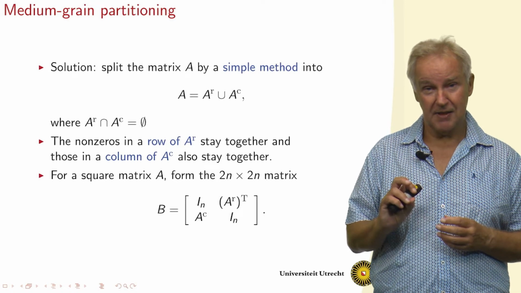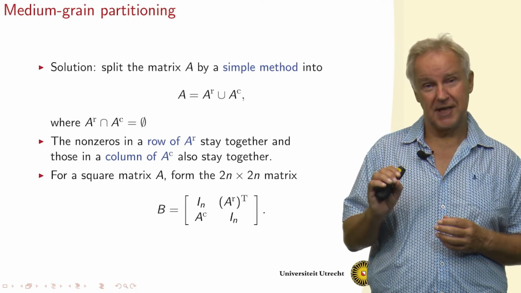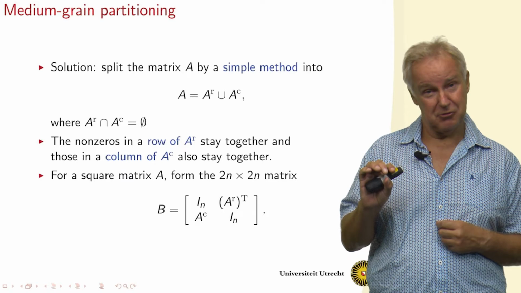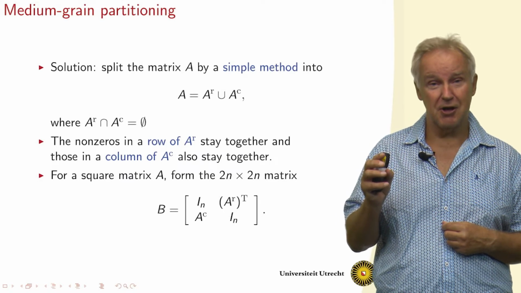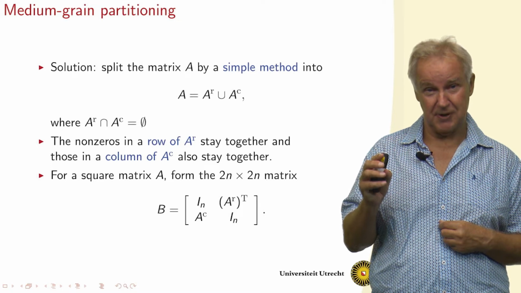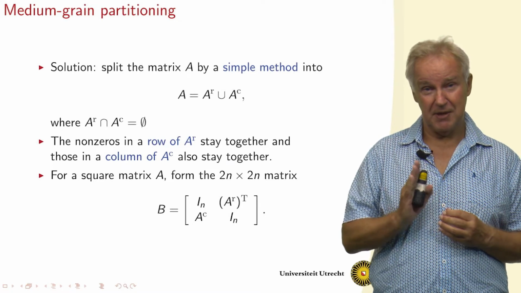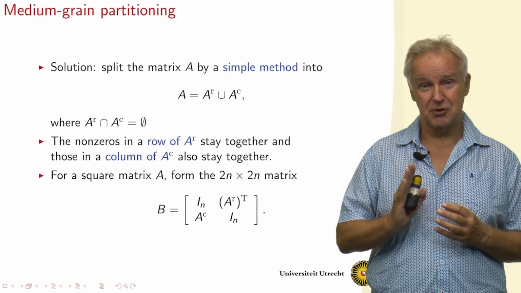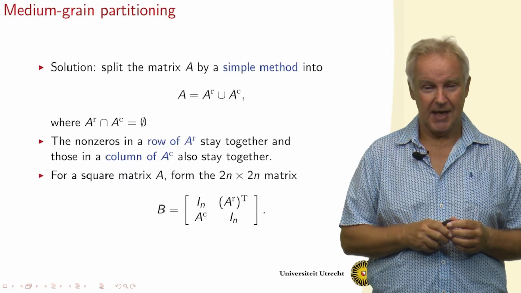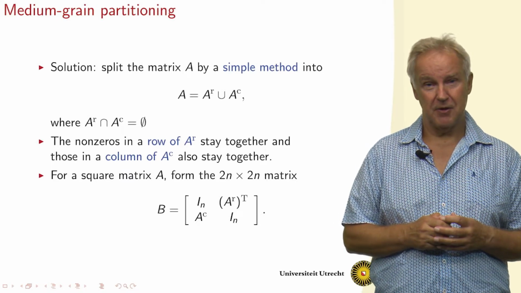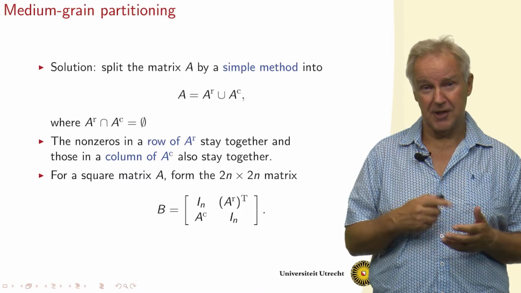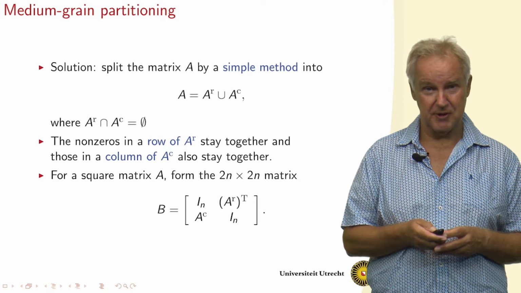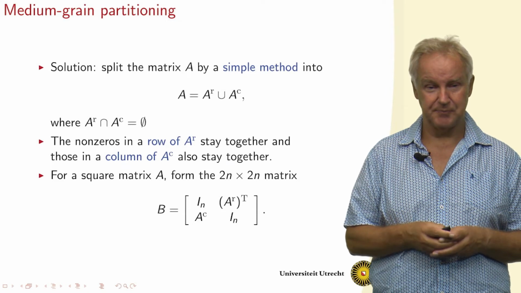But AR we transpose so that the non-zeros in the rows that stay together become non-zeros in the columns of the B matrix that stay together. So for the B matrix, we want columns to be together. And then on the diagonal, we put identity matrices, and that's really to connect the rows and columns. We'll see that in more detail later.